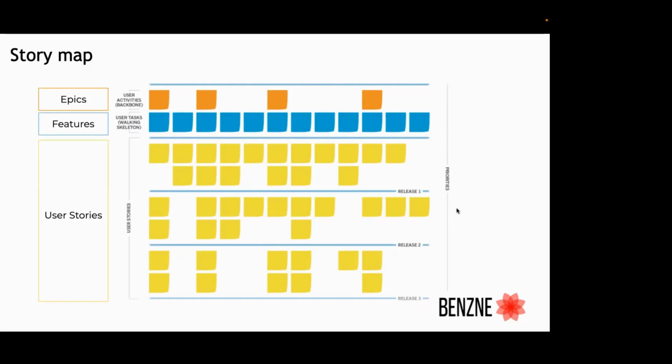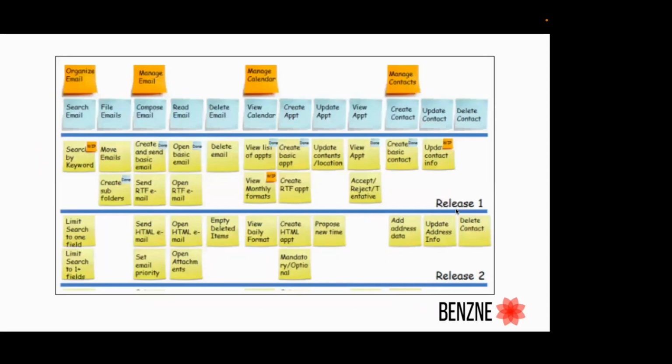I'm also going to show you a reference sample here for an email managing app. Organizing email, manage calendar, manage contacts. So these are epics, or the phases of a customer journey. Under each phase or epic, we have capabilities.